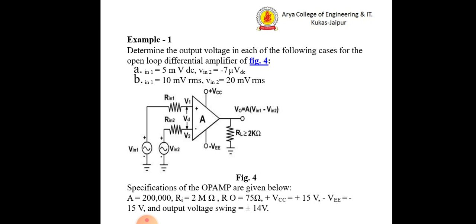The specifications of the op-amp are given below. The value A stands for the value of gain, RI the input resistance 2 mega ohm, RO 75 ohm, VCC plus 15 volt, VEE minus 15, and output voltage swing of plus minus 14 volt.